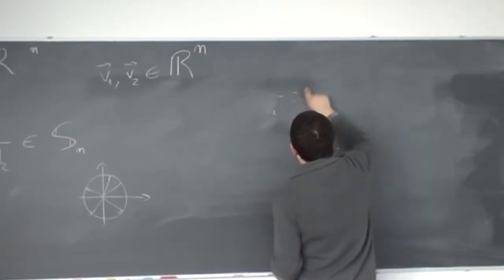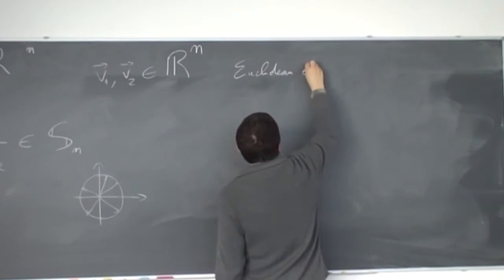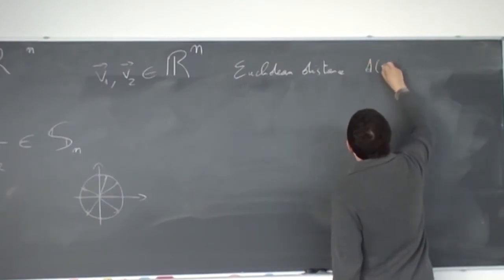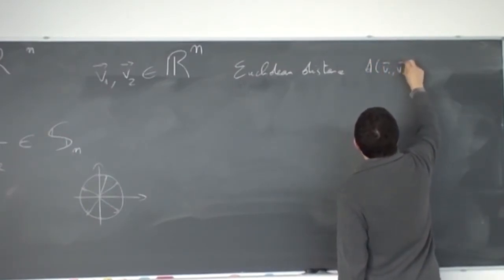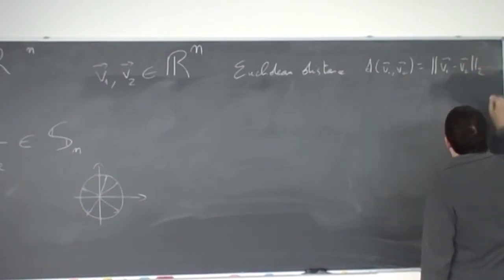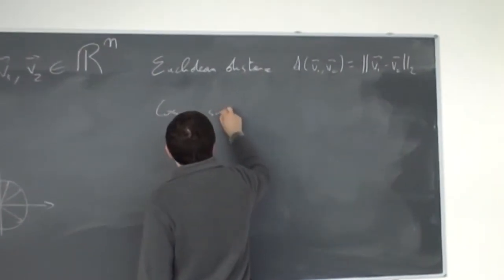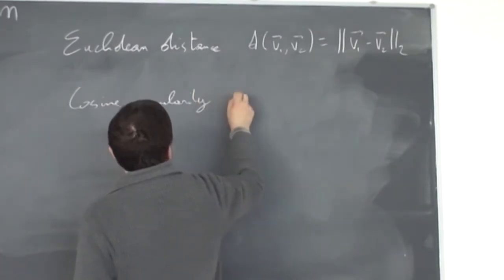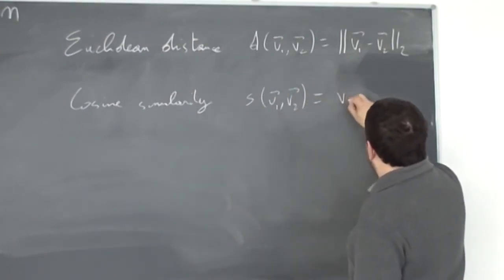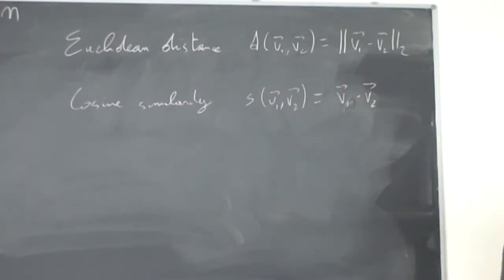We had Euclidean distance, where the distance between V1 and V2 is the two norm of their difference, and the cosine similarity, let's call it S, between V1 and V2, which is the dot product of the two vectors, provided that they are normalized.